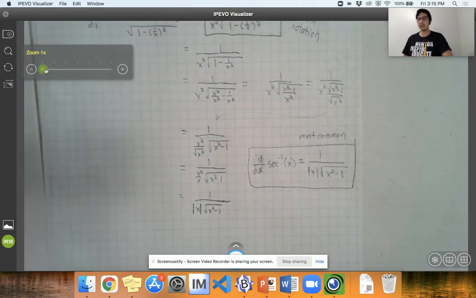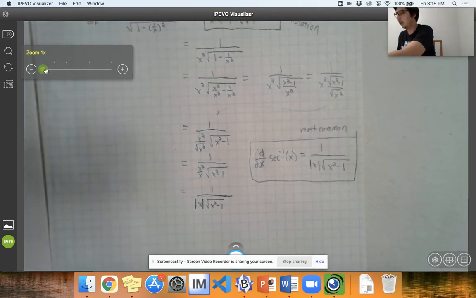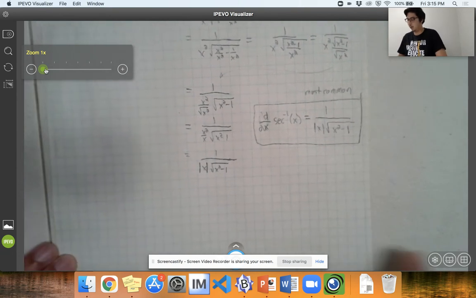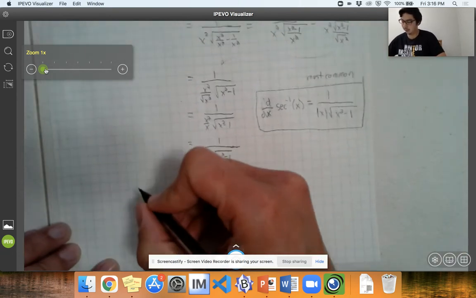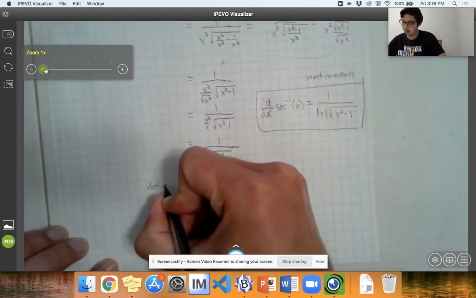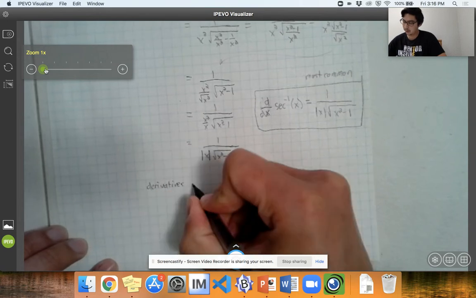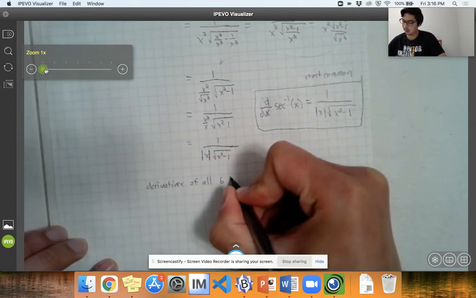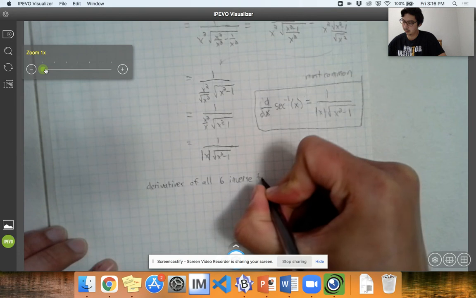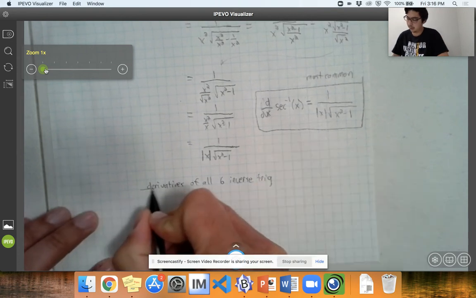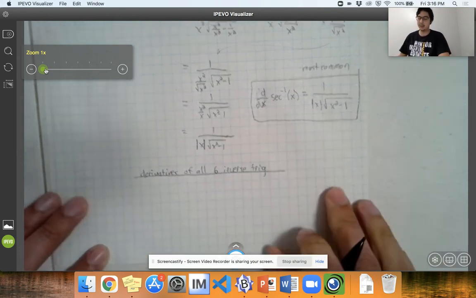Right. So your goal by the end of this lesson, and it is just a one-day lesson, is that you hopefully can find the derivatives of all 6 inverse trig functions, and use the triangles to build into it until you get a hang of it.